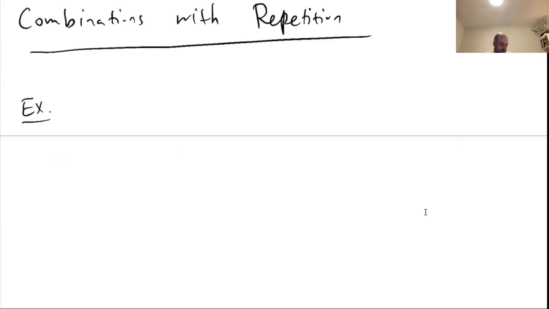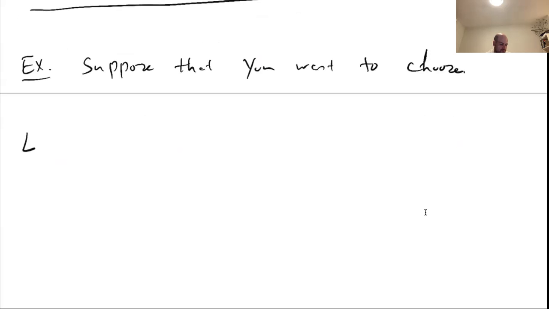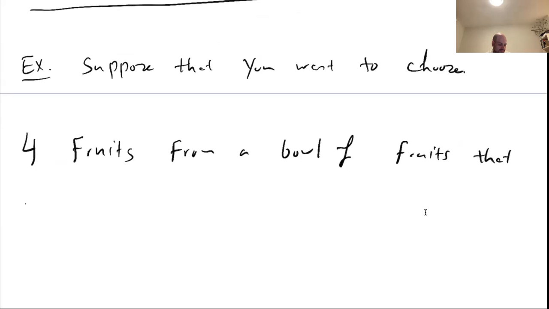So for example, suppose that you want to choose six fruits from a bowl of fruits that contains four types of fruits.